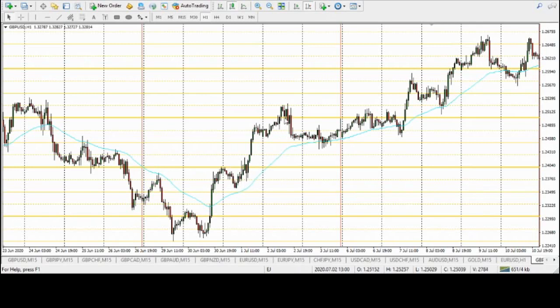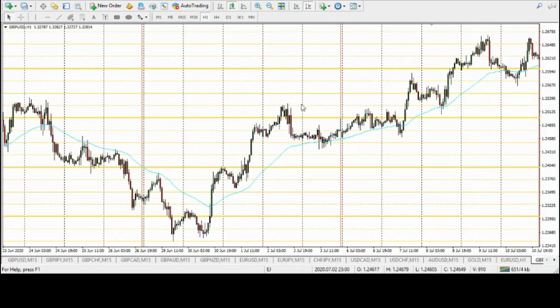So what we wait for, guys, is for price to come to the 50 EMA and the sweet spot. It can be the 25s, the 50s, or double zero, whichever, as long as price comes to the 50 EMA and the sweet spot. That's our support and resistance.